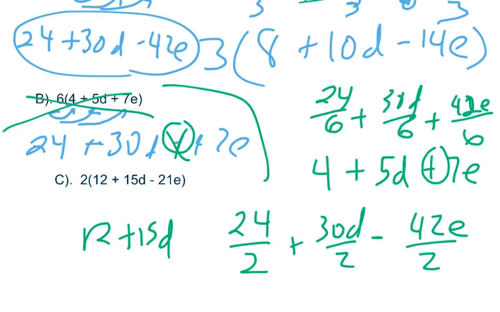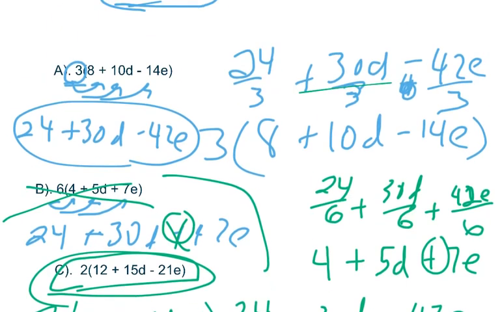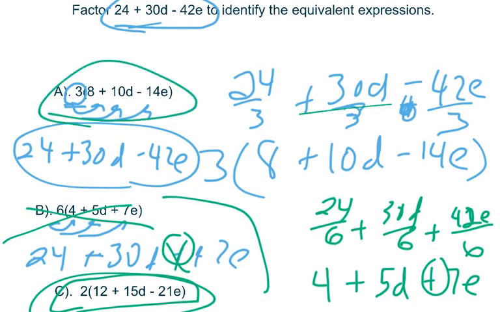And then 42 divided by 2 is a negative 21e. And then we put the 2 there. Let me clean that number up there, make it a little easier to read. So 12 plus 15d minus 21e with a factor of 2, which is the same as that. So answers are A and C.